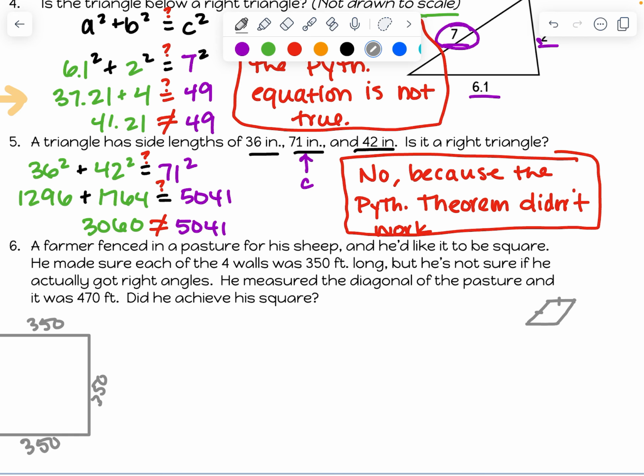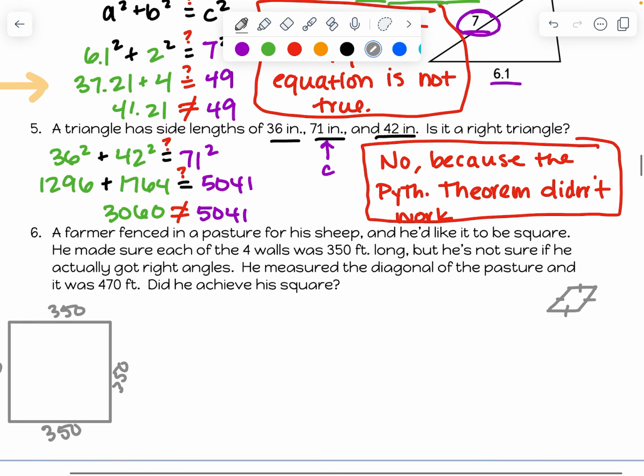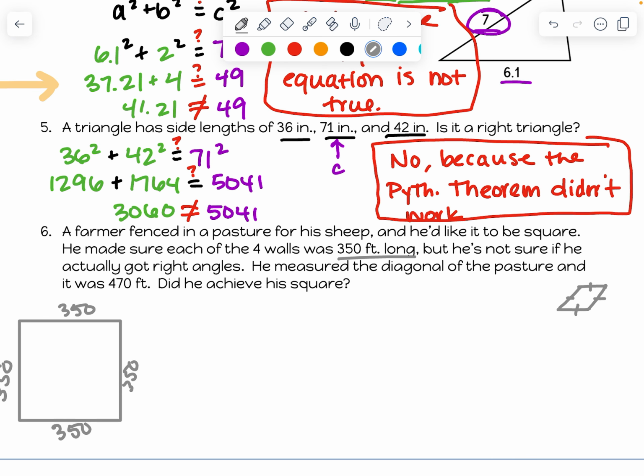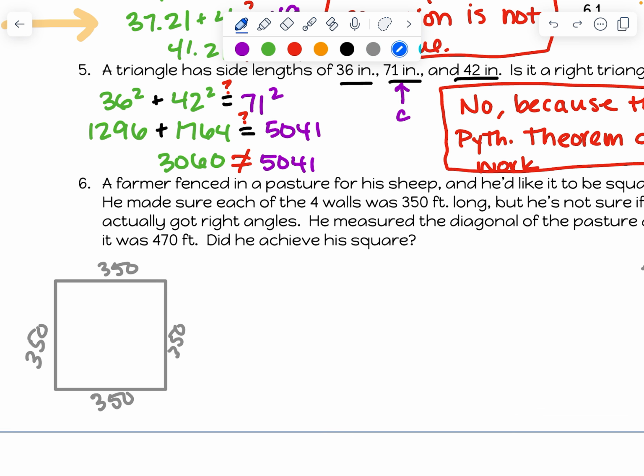These sides could all be the same without having right angles. So this is where maybe he got it because he did make sure every side was the same, but he doesn't know if he actually got right angles. So what he did, he measured from this corner to this corner and found out that that's 470. And now he's curious, is this a right angle?